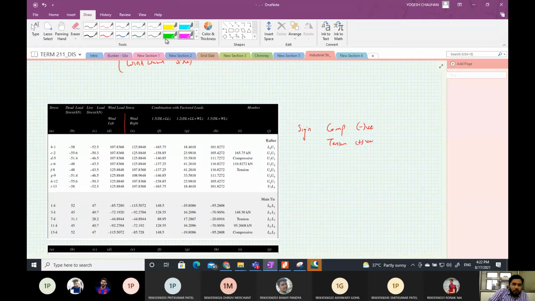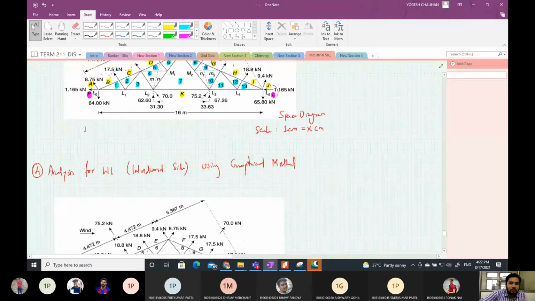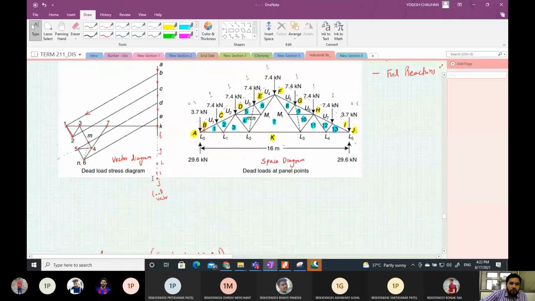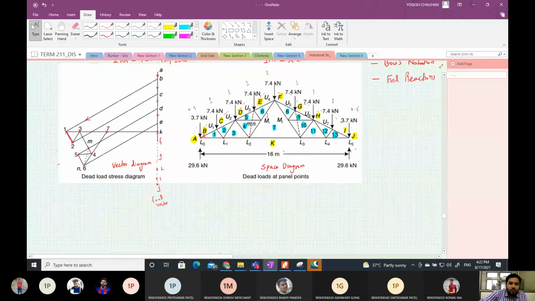You can group these members. See this B1, C2, D5, E6, F8, G9, H12, I13, they are all the members of the principal rafter. So we'll provide a common section to all the principal rafter members.